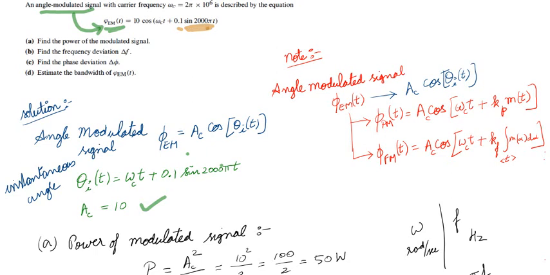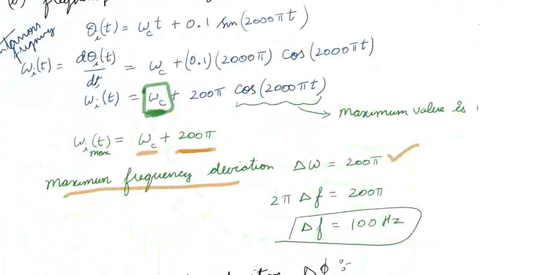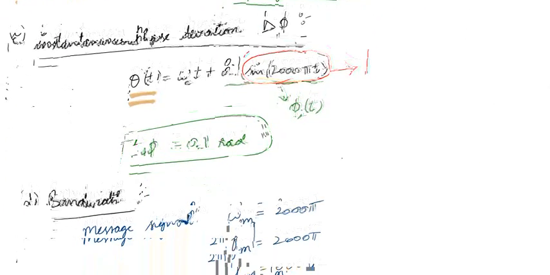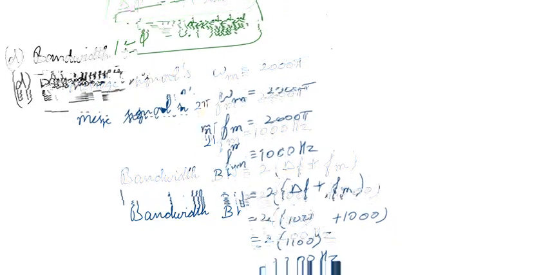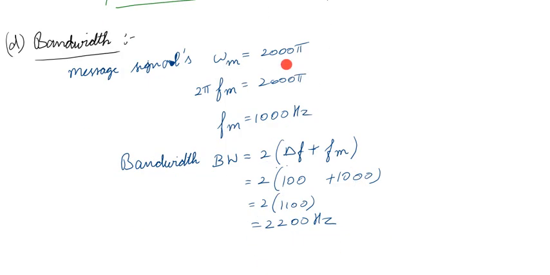So omega m is 2000 pi. We need fm: 2 pi fm is 2000 pi, so fm is 1000 hertz. So 100 plus 1000 is 1100. 2 times 1100 is 2200 hertz. This is the bandwidth.